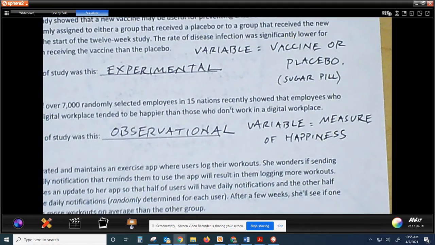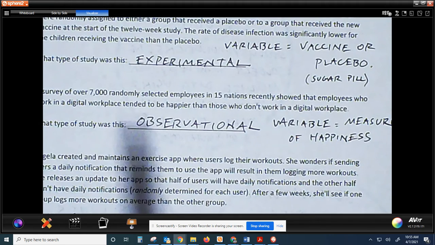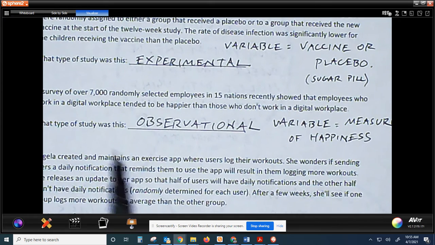But they did not control the situation. They didn't have 2 groups that were separate. They cannot make the same conclusions that you can from an experiment because those people were already in the workplace and had a digital job. So this one was not controlled by a scientist. It is observational.